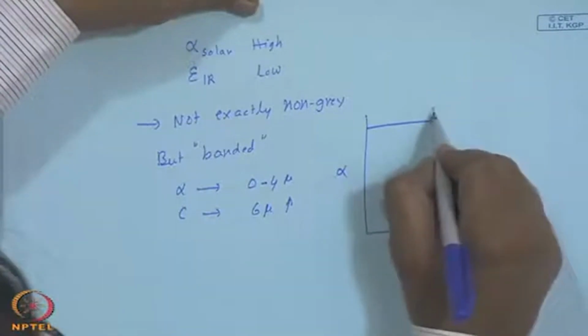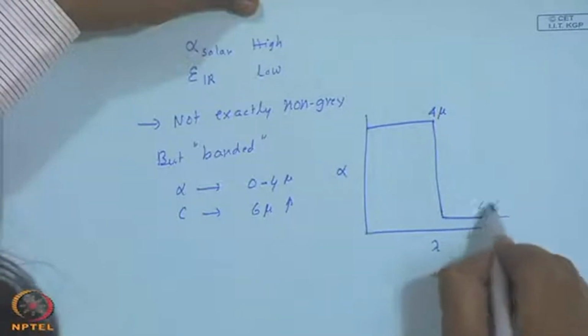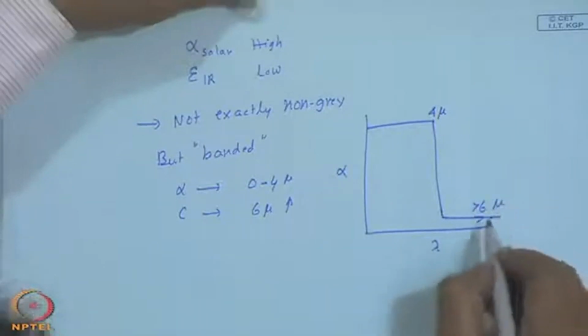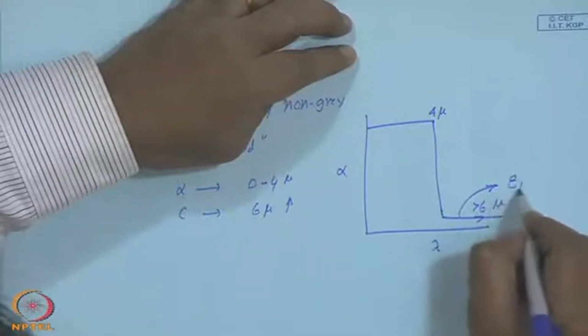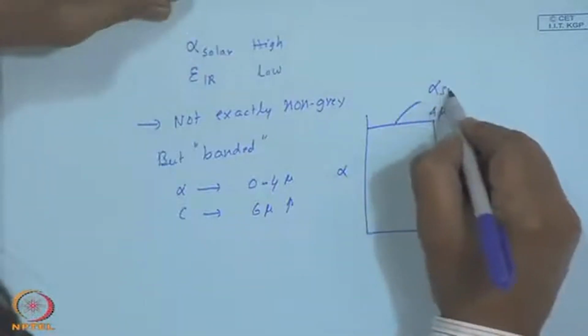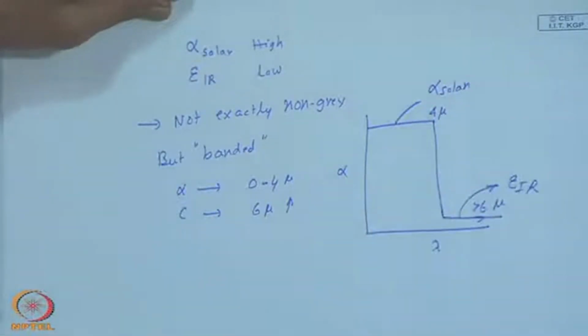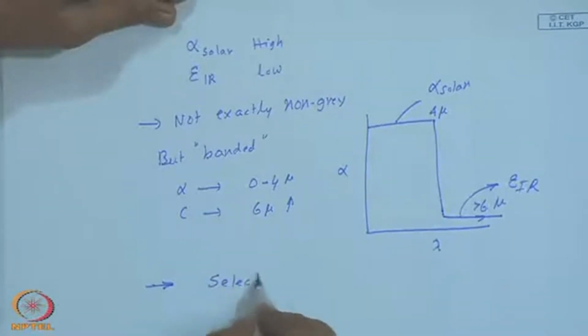This may be 4 microns and this is onwards for greater than 6 microns. So, alpha equal to epsilon is satisfied, but this is my epsilon IR responsible for the losses. This is my alpha solar responsible for absorption. So, such surfaces, though they are dependent upon the wavelength, they are dependent upon two bandwidths separately, they are termed selective surfaces.